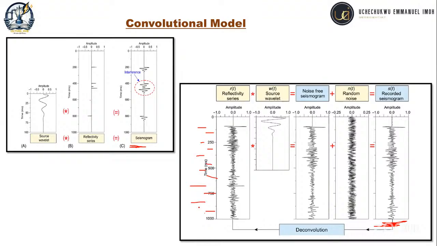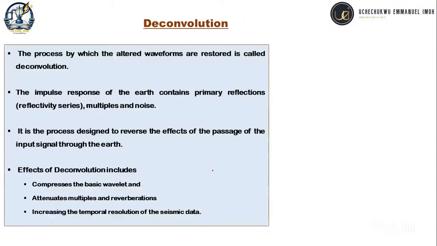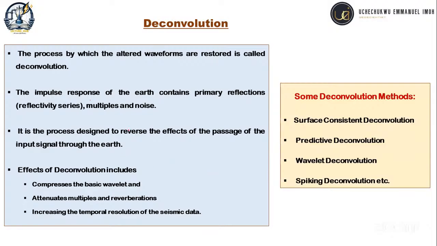So therefore, the process of doing the deconvolution simply means that you're trying to restore the original waveform, okay? You're trying to restore it to that original reflectivity, which is your reflection coefficients, before it was tampered by noise input and all that.